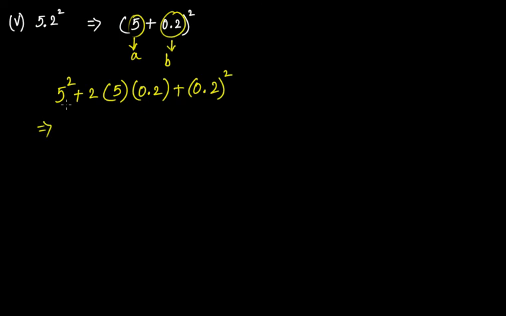From here you get 25 plus 2 times 5 is 10, 10 multiplied by 0.2 is 2, right? Now here you have 0.2 squared, it means that it is 0.04, and from here you get 27.04.